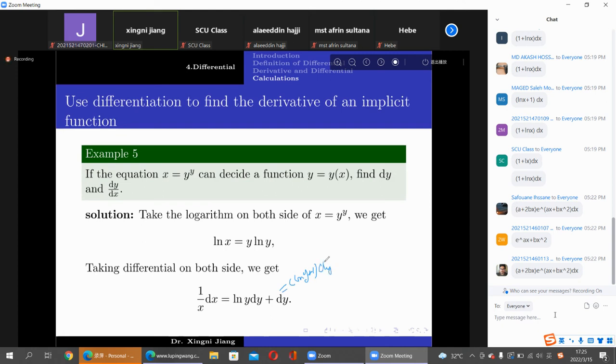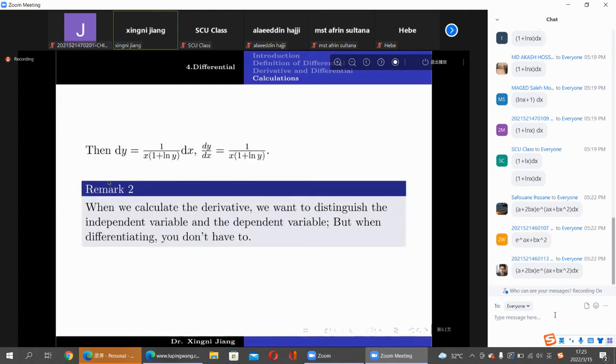Okay, and then you divide by dx on both sides, then you cancel this guy, then you get dx here. And then you move this guy to this side. Then you will get this formula. Okay, so this is the answer you want.